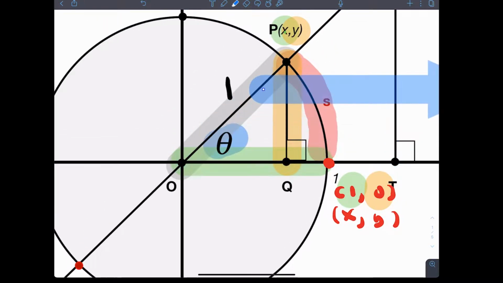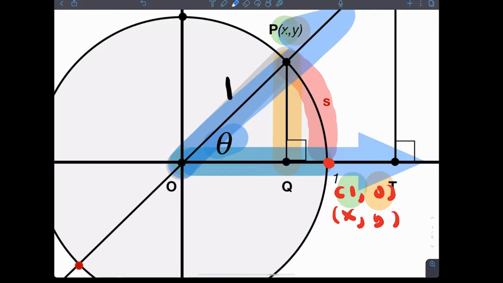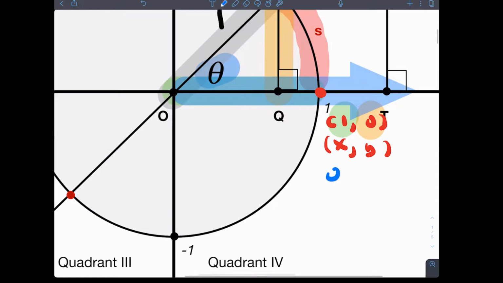Typically, you start here with this ray, and then like over here, you rotate it counterclockwise, some positive angle, and then that's the theta angle. Was that theta? Yeah, that was theta, right? So typically we rotate theta. What if you don't even rotate theta at all and it stays there? What angle do you think that's referring to? What is theta going to be here? No rotation means theta is 0 degrees.